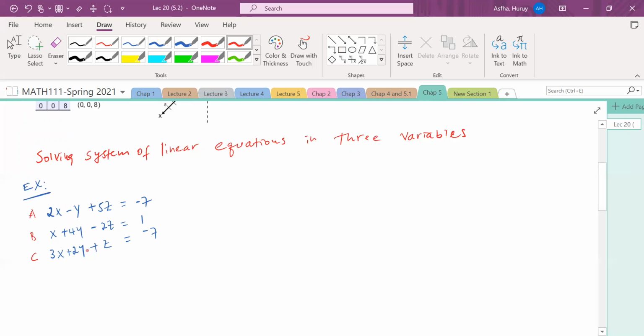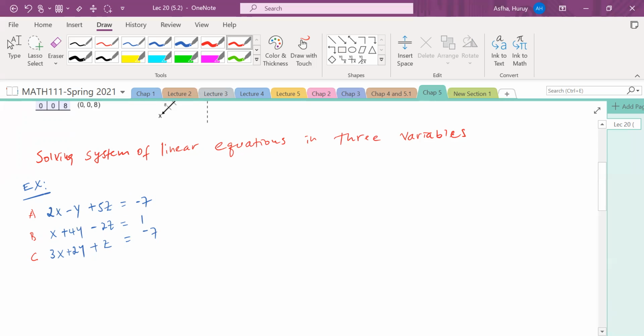Then the next step is we choose two equations from these three. Let's say we pick A and B, and from those two we try to eliminate one of the three variables.